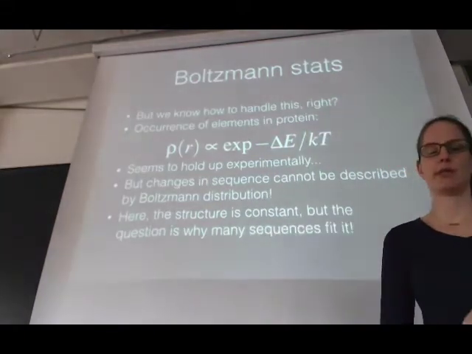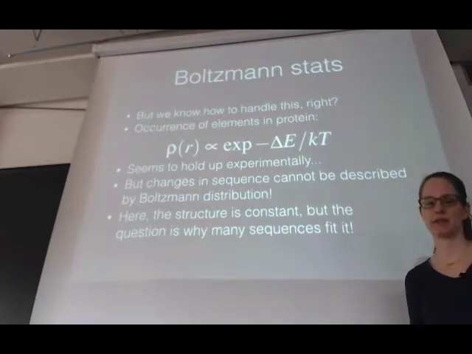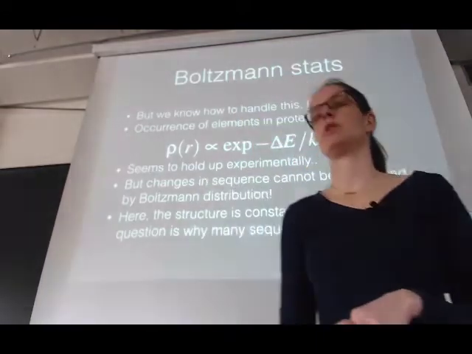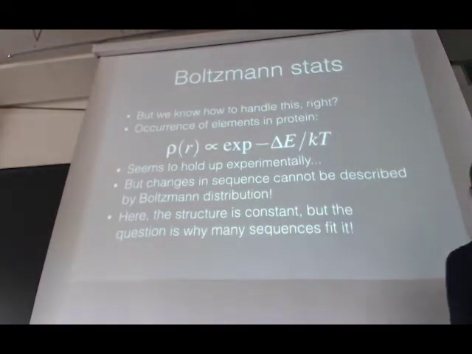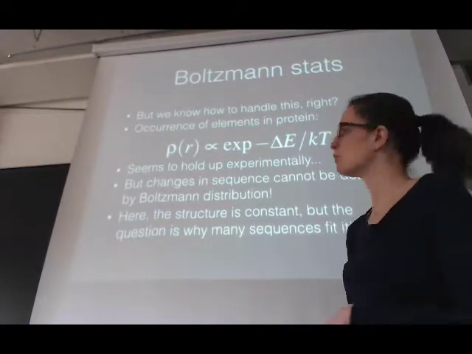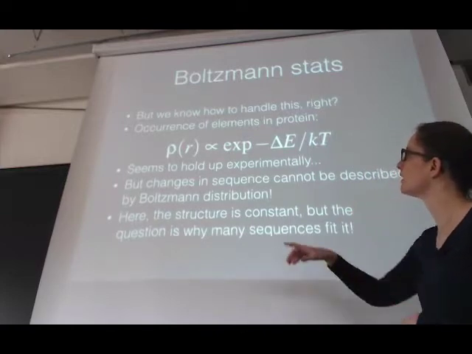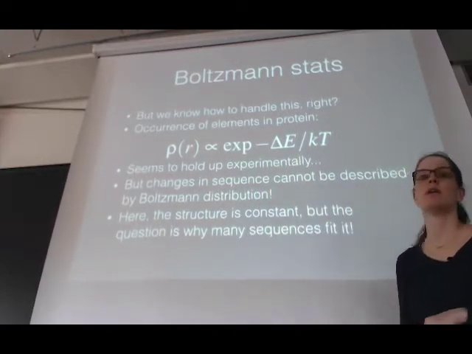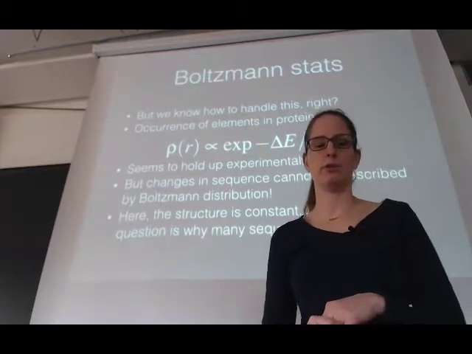So this relates to this question of why we don't see defects too much. We know how we can measure probability distributions. You've learned this, I think, previously in statistical mechanics and in this class. Probability distributions are governed by the Boltzmann distribution.